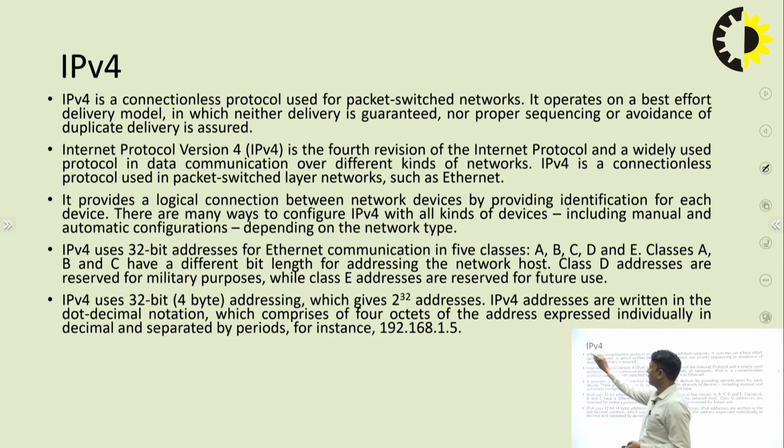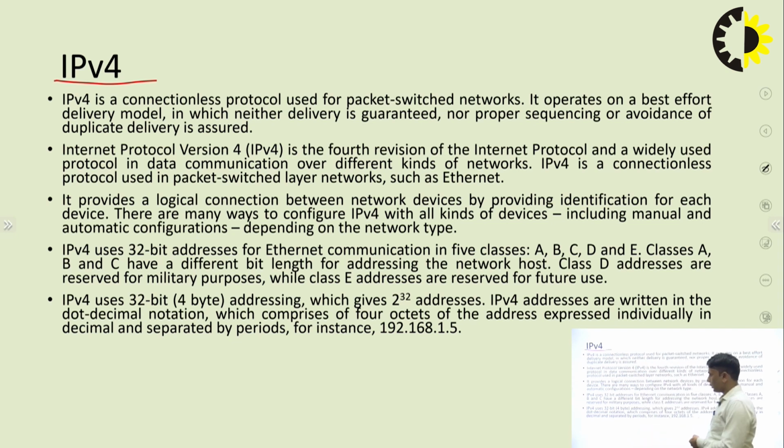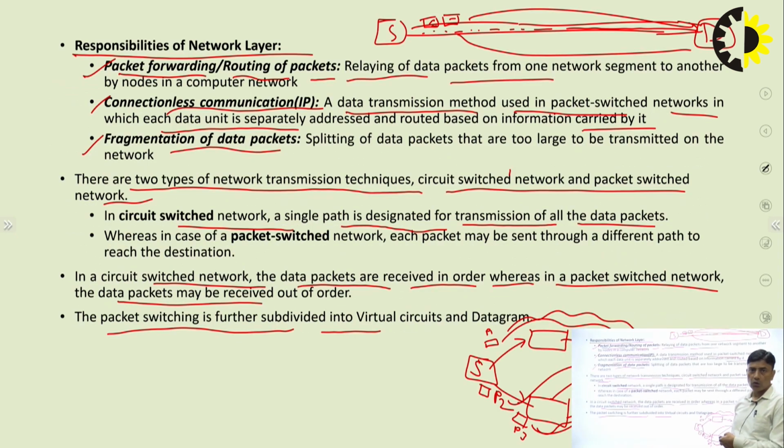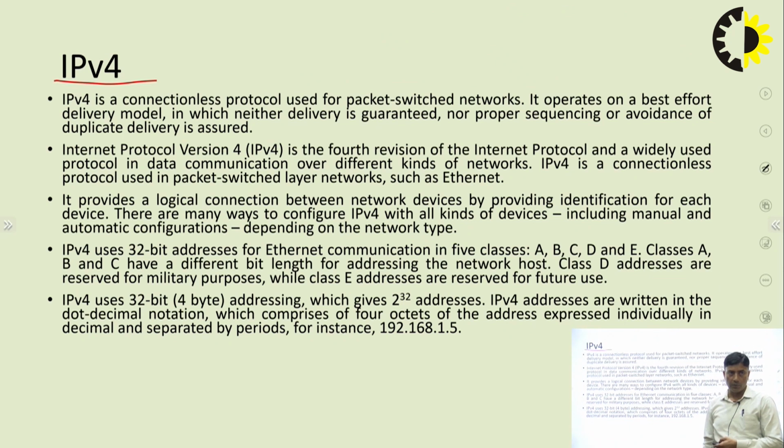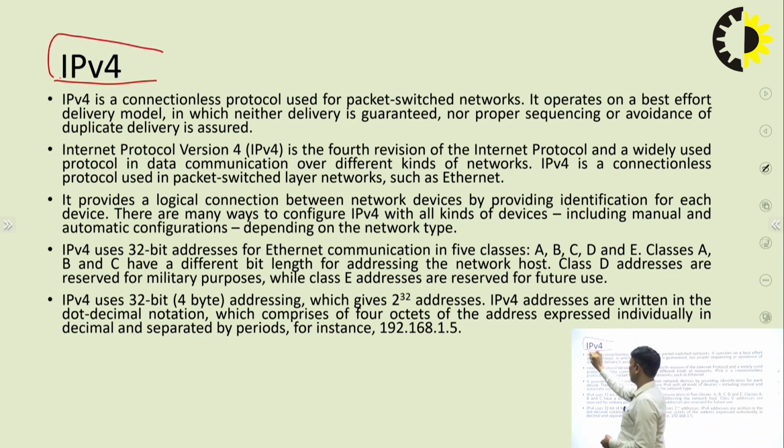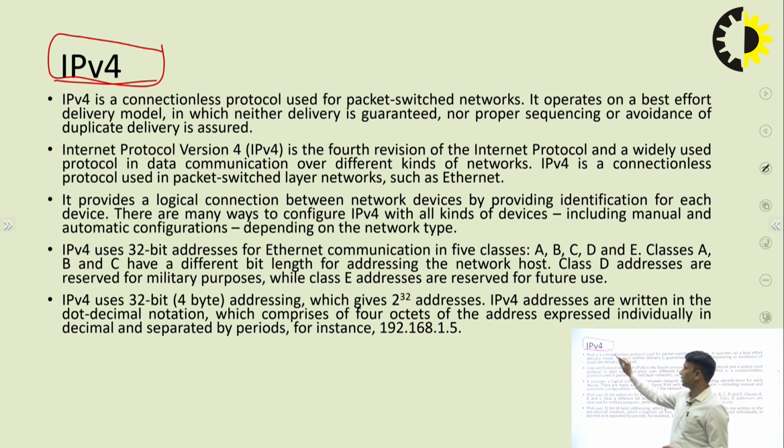So this is a short introduction to the network layer. Now we come to IPv4, a very important topic of this network layer. V4 means version 4. IPv4 is a connectionless protocol used for packet switch networks.